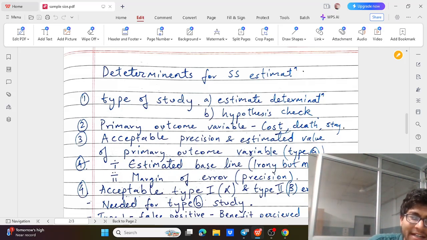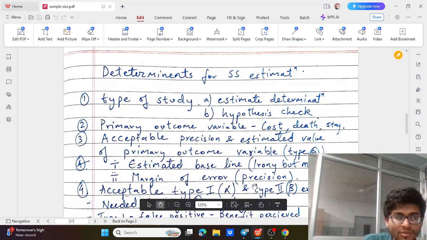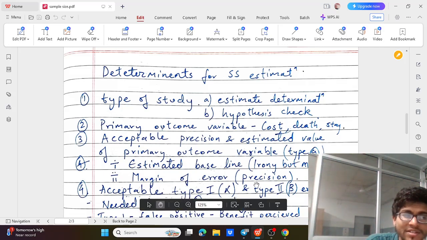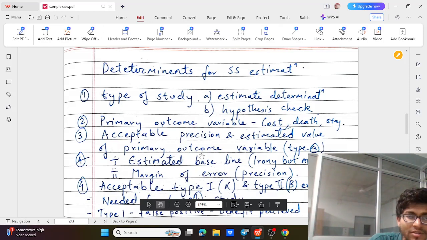Although it is an irony, we need this. We need some previous data to find out recent data. Okay. Then the margin of error, which is also known as precision. So how much error we are accepting.